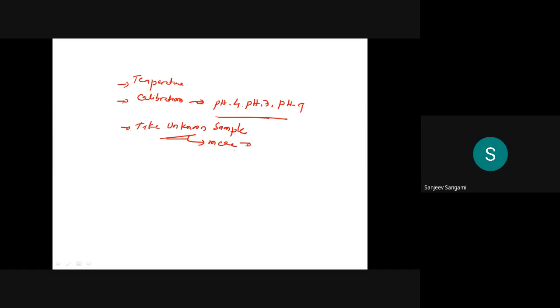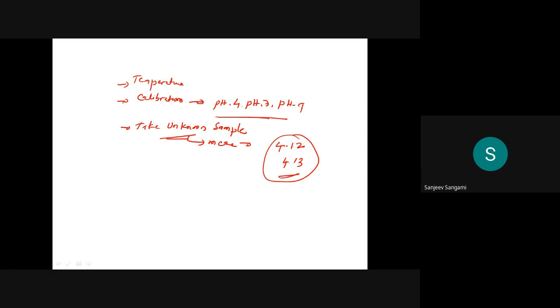Then we measure it, and it displays the value. We have to note it down. It has an accuracy of two decimal places, for example 4.12, 4.13. This is the advantage of using the instrument.